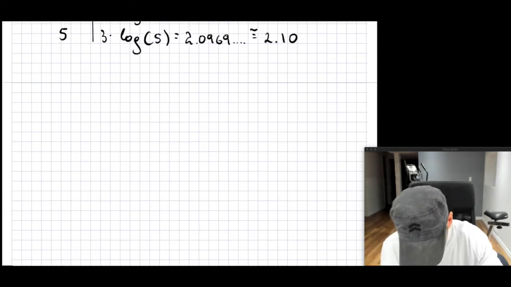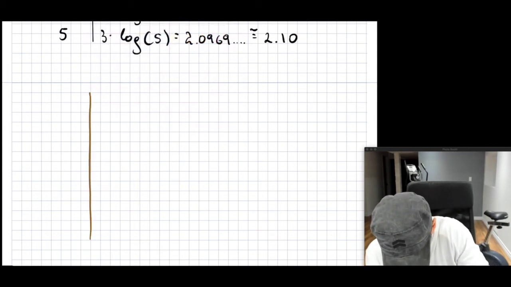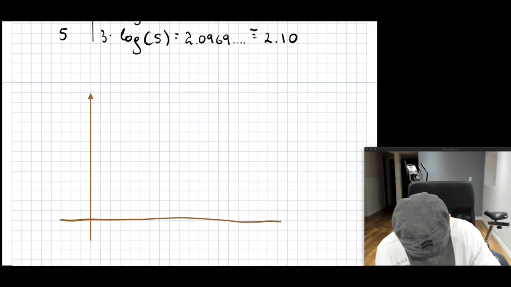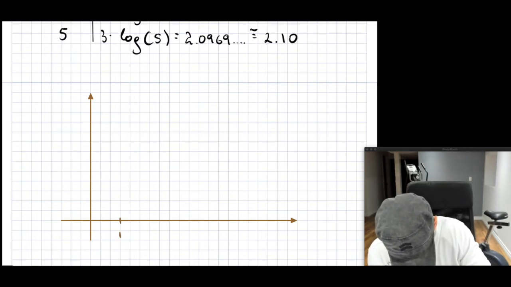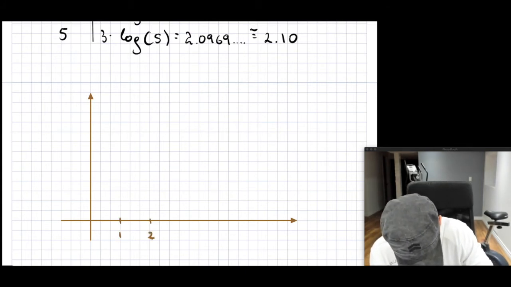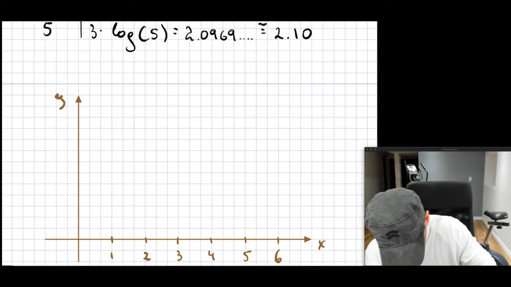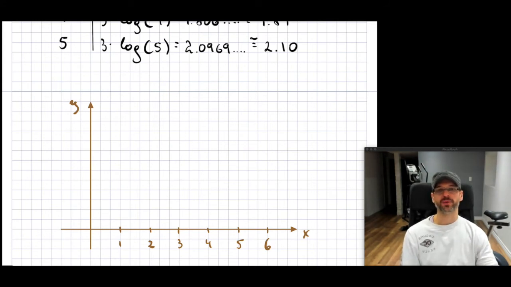So here, I'm going to draw this out like this. All right, so that's that. And again, this is that. Now here, what I'm going to do is 1, 2, 3, 4, and 5. That's my x, my output y. So here I can scale much bigger because my final answer is 2.1.